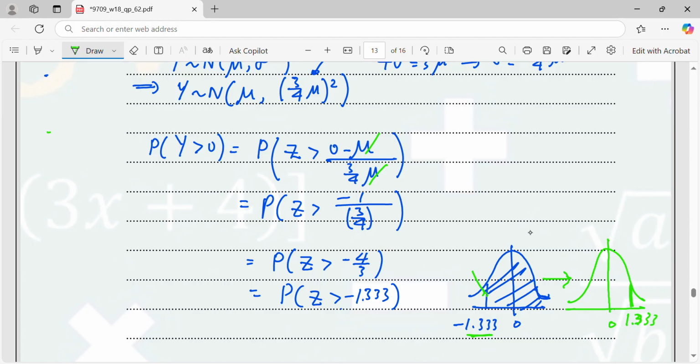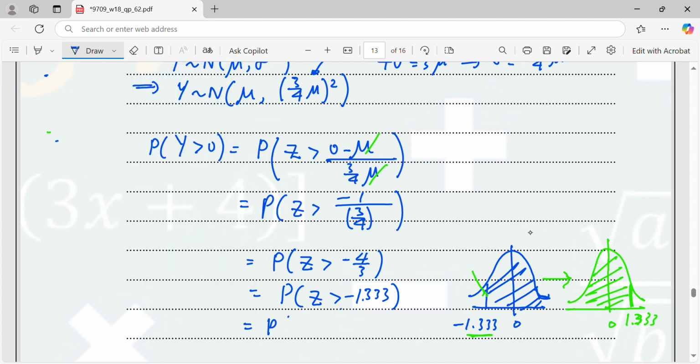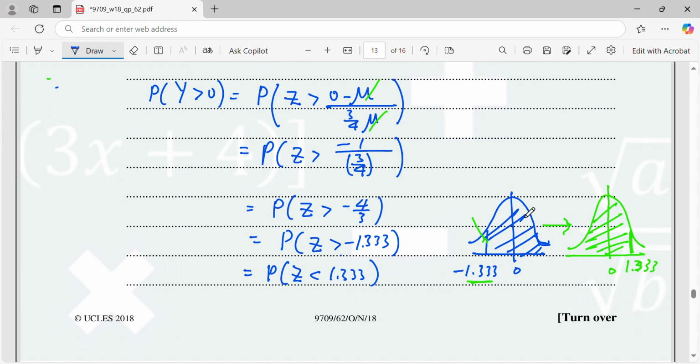So the region now becomes the region towards the left side, which is basically the same as P of z less than 1.333. And since the region is on the left side, I can just use the table and get the value directly. So this is going to be 0.9087, and I round up to 3 significant figures, that is 0.909. Okay, this is the solution for this part B.